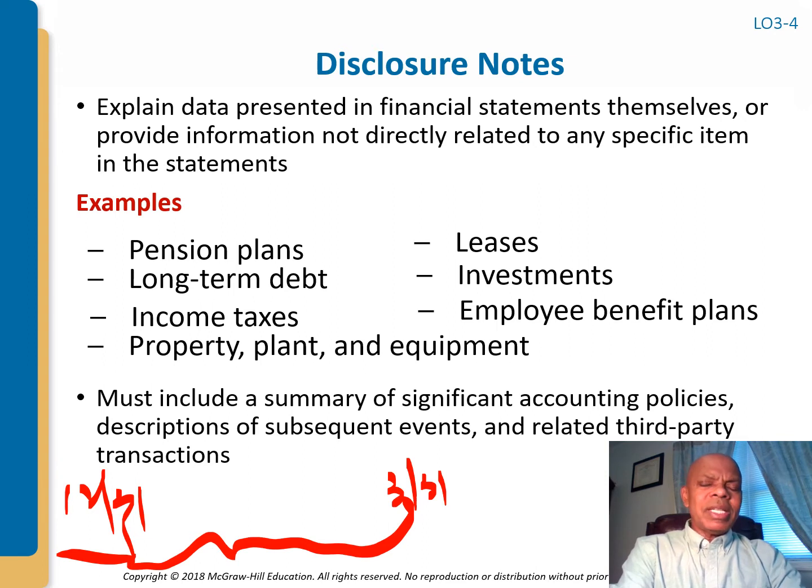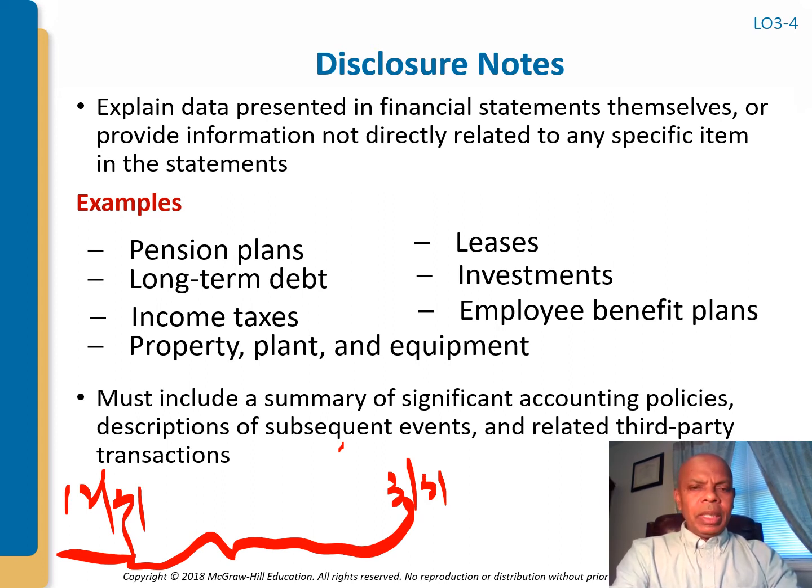That's the subsequent event, so you have to include that also. The reader sees what exactly happened after the fact. The financial ending date is 12/31, but before you publish the annual report, if that information is material enough, you have to include it as a subsequent event.